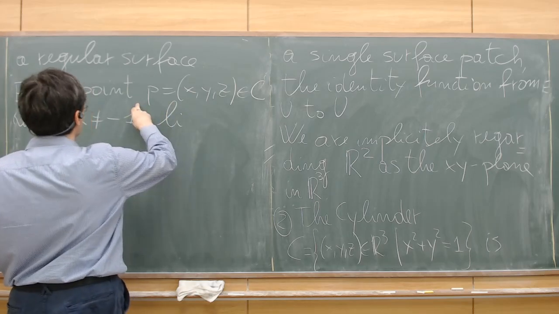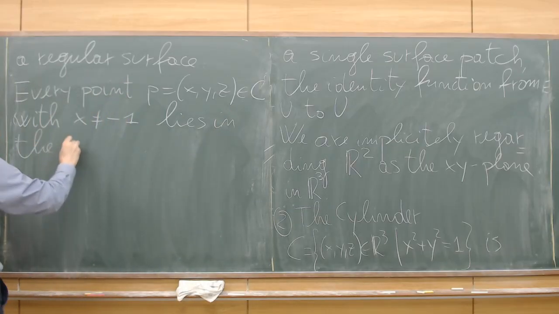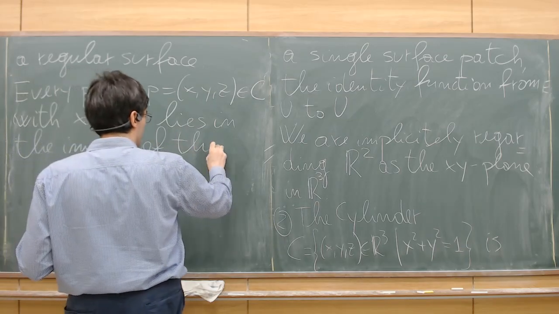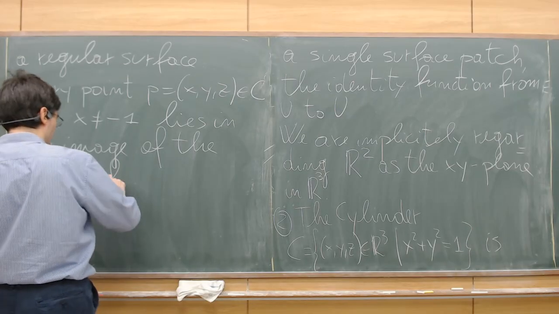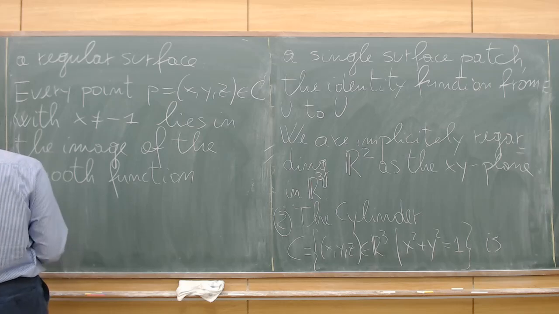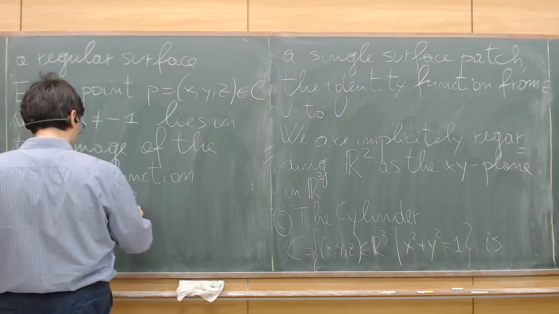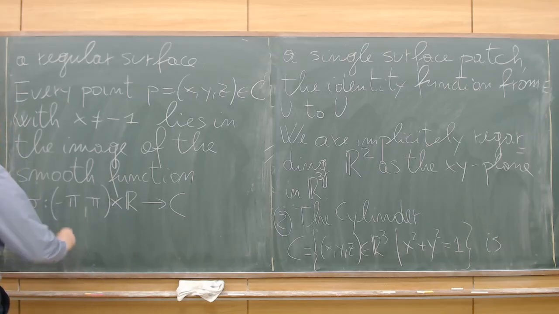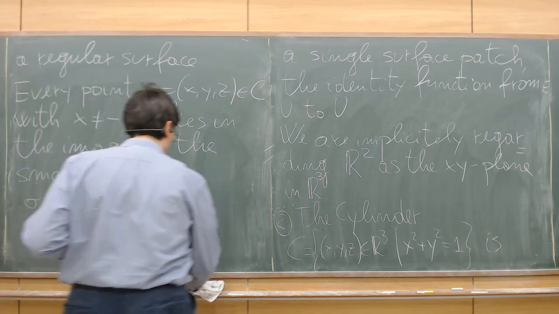This set here lies in the image of the smooth function sigma defined on minus pi times r with values in C. This is our open set U, defined by the following formula.